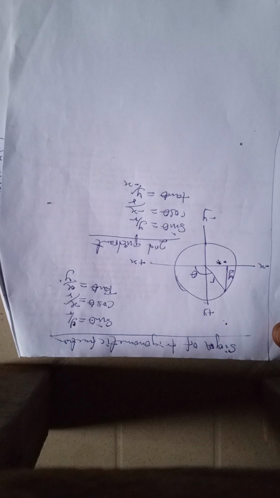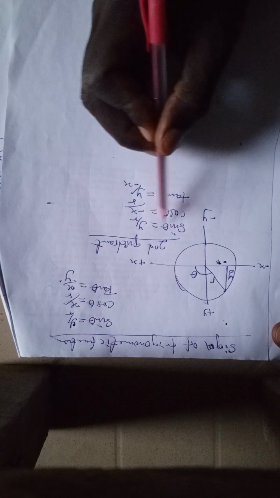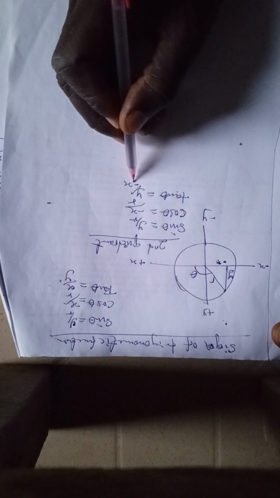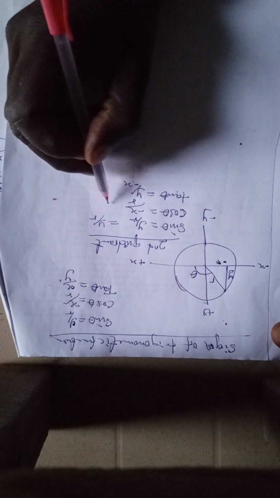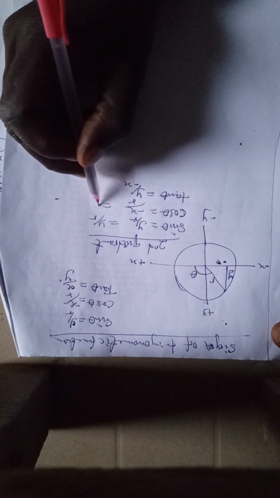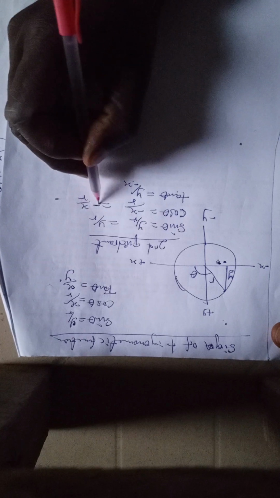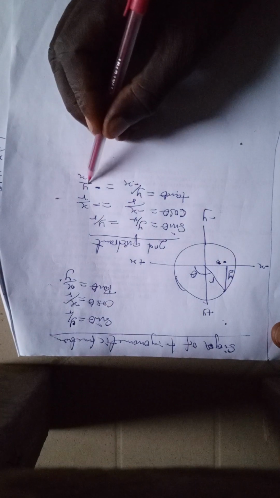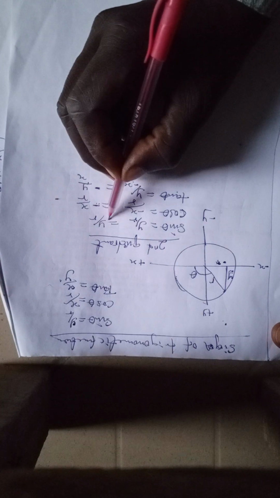You see, sine theta is positive, cos theta is negative, and tan theta is negative.